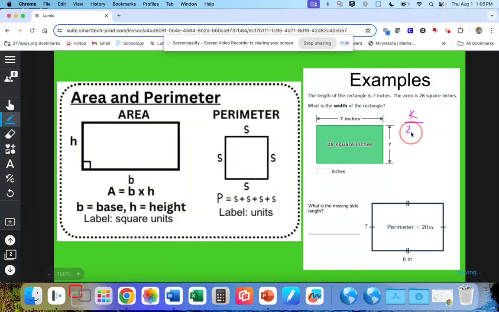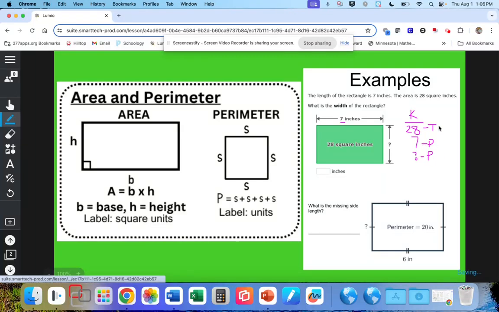We know 28, and we know the 7. Now, if we look at this, it says that it's 28 squared inches. So that means this is our total. And it says 7 inches, so that means this is a part. And our question mark would be our other missing part.